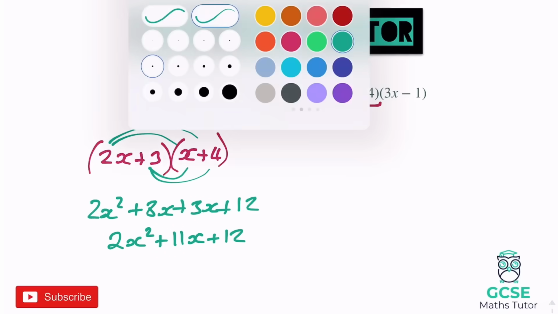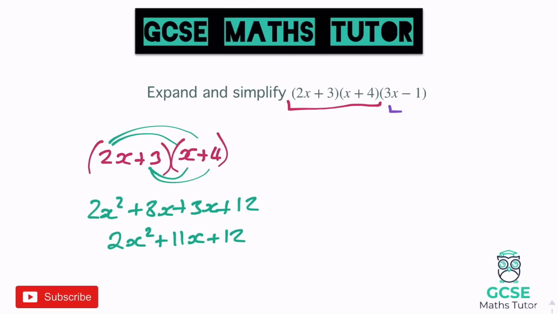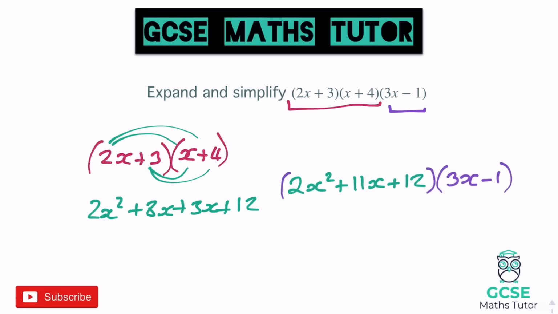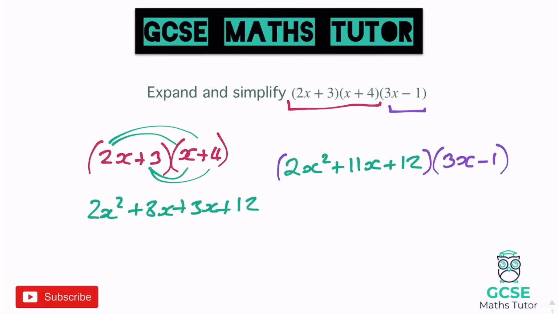Now we can multiply it by the final bracket being up there, the 3x minus 1. So stick this in a bracket and multiply it by 3x minus 1. Again, just take your time with this, it does get quite messy when you're doing it. Okay, so just spend the time, make sure that you get each piece perfect. So let's just be really, really careful when we expand this now. So 2x squared times 3x gives you 6x cubed. And then 2x squared times minus 1 is minus 2x squared.